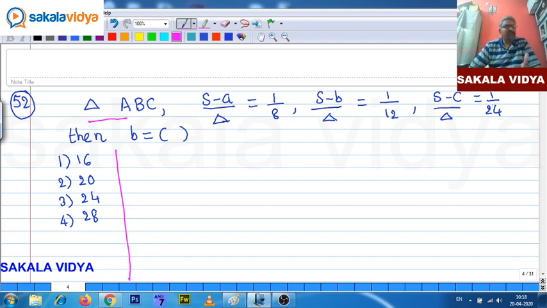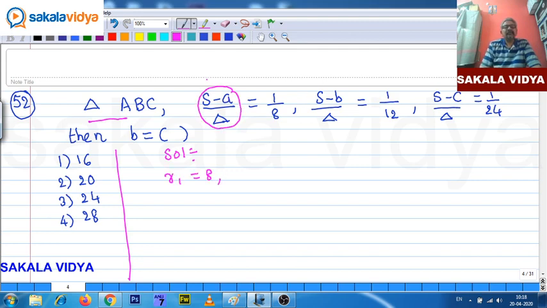If you observe, S minus A by delta is the reciprocal of r1. S minus B by delta is the reciprocal of r2. S minus C by delta is the reciprocal of r3. So this is 1 by r1, so r1 is equal to 8.